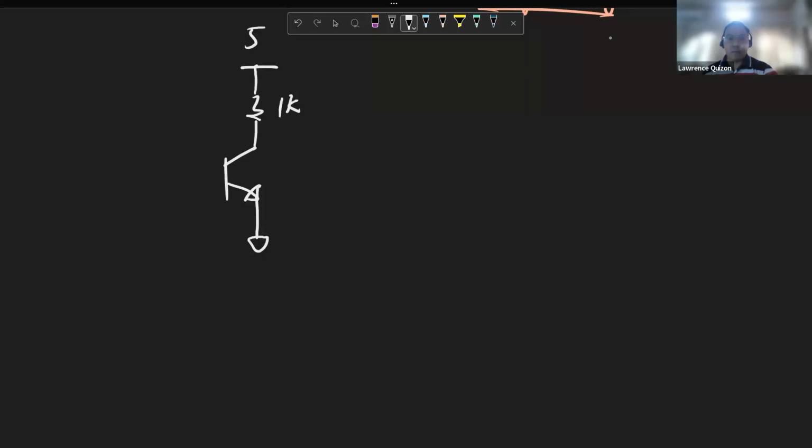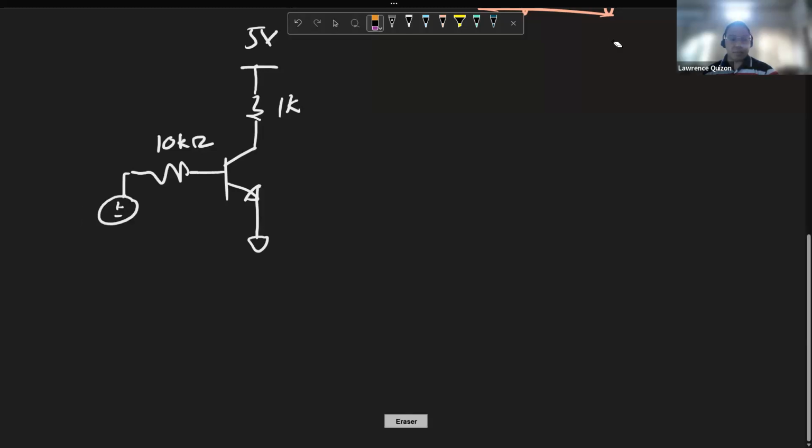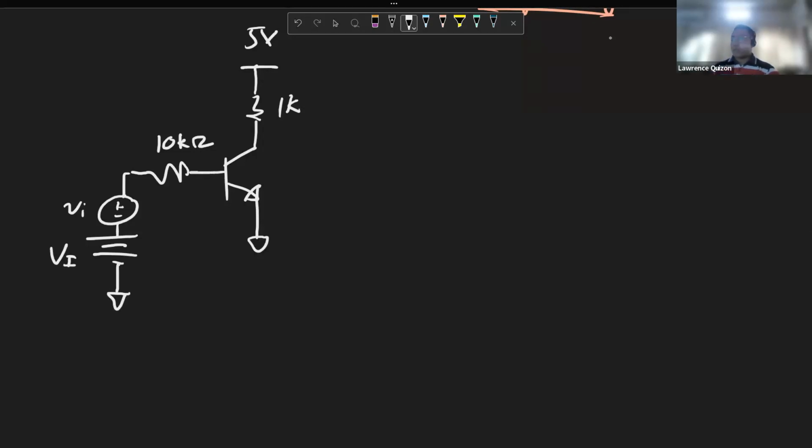It's 1K, 5 volts, then K, and then we have a small signal V in. And then we have a large signal V in. And so if you guys remember, this one is constant.